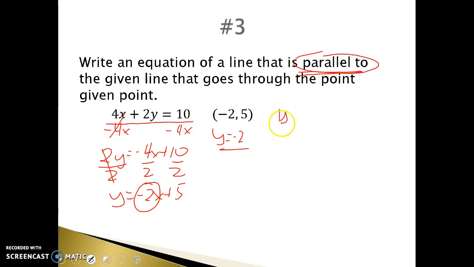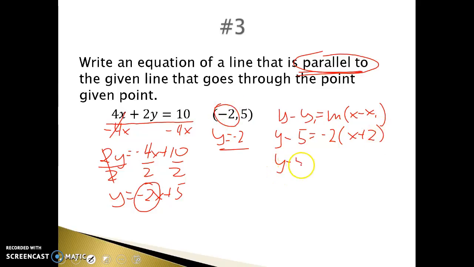So to write an equation of a line with a slope and a point, we're going to use the point slope form, which is y minus y1 equals the slope, which is m, times x minus x1. So we're going to have y minus 5 equals the slope, which is negative 2, times x plus 2, because it's minus negative 2 for the x value.